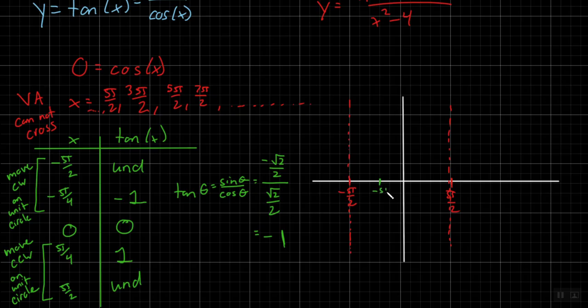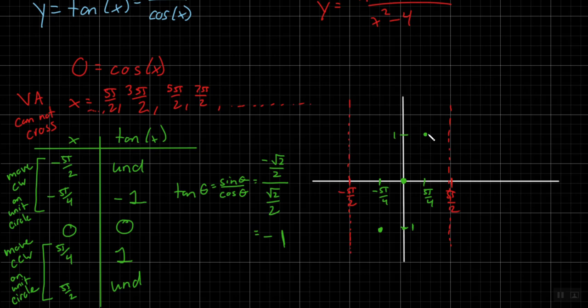This is negative pi fourths, and this is pi fourths. Okay, we are undefined here. At negative pi fourths, I'm down at negative 1. Then I'm at the origin. And then I'm at pi fourths, and I'm up here at 1.